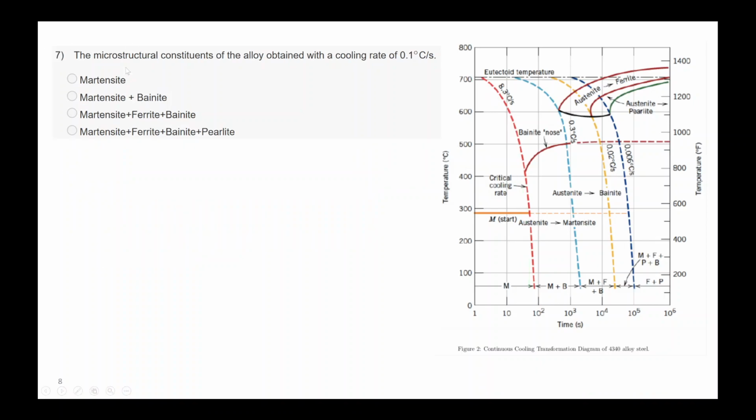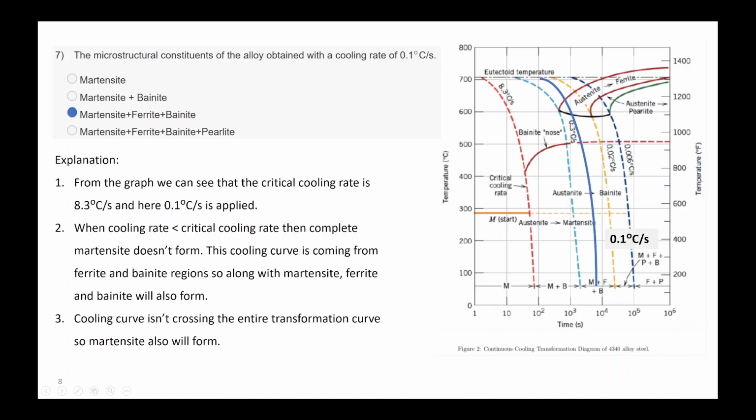Now the next question is the microstructural constituents of an alloy obtained with a cooling rate of 0.1 degree Celsius per second. In this case you will have your curve in between 0.3 degrees Celsius per second and 0.03 degrees Celsius per second. So your curve will be in between these two curves.